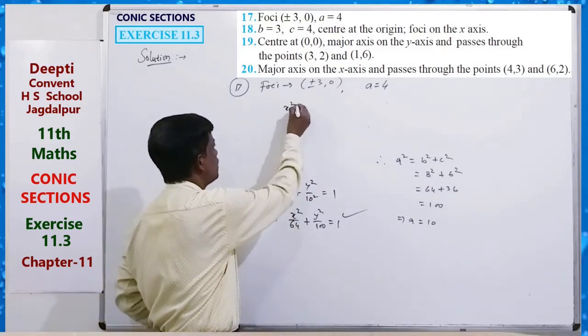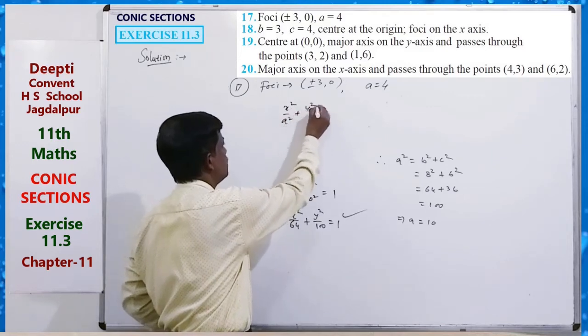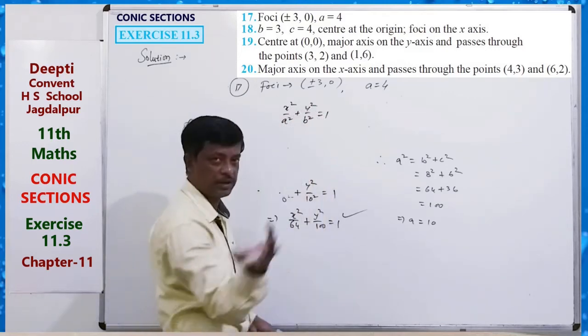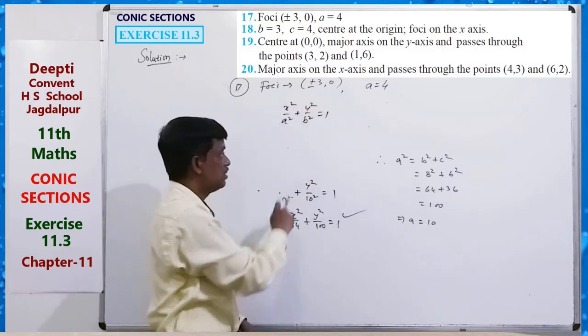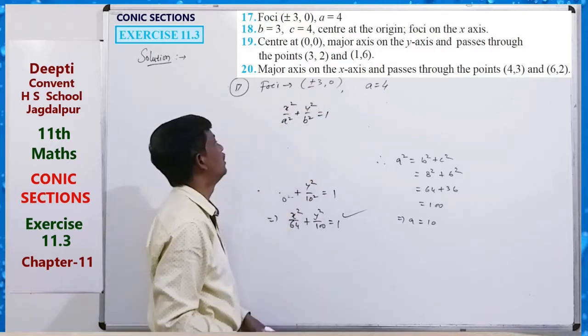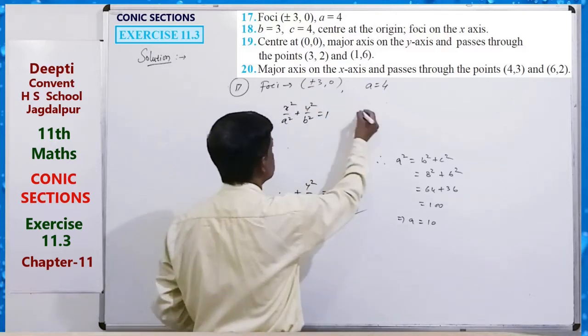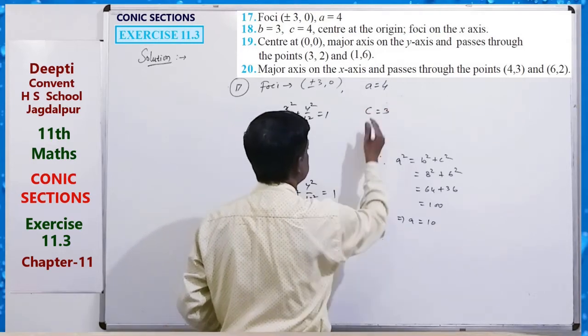So x square by a square plus y square by b square equals 1 is the format. Its foci are (±c, 0), so c equals 3.